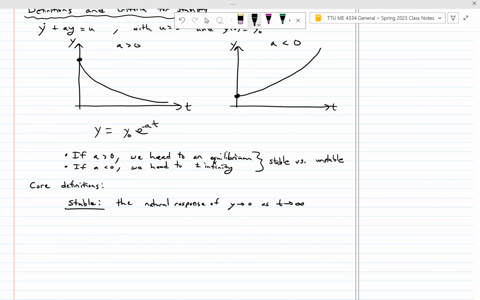This is again for LTI, linear time invariant systems, and it'll do this in an exponential fashion. It's all about the natural response, not the forced response of our systems. This is what we do when we're talking about stability here. What about unstable then? Based off of that definition, what does unstable mean?